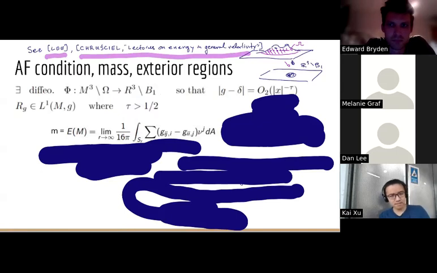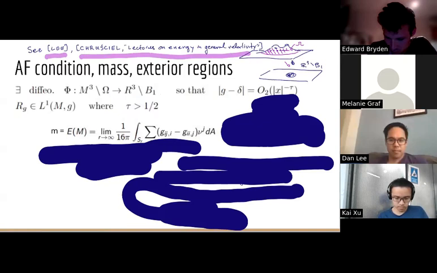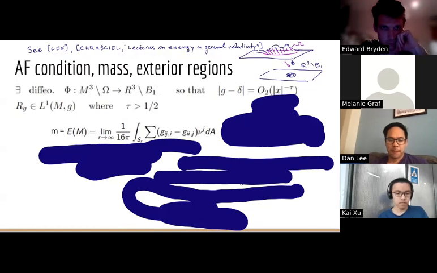Dan Lee has a very nice book on these ideas, Geometric Relativity, so take a look at that. And from the more mathematical physics side, Chruściel has lecture notes on energy in general relativity that are nice if you want a little more of the physical side of things.